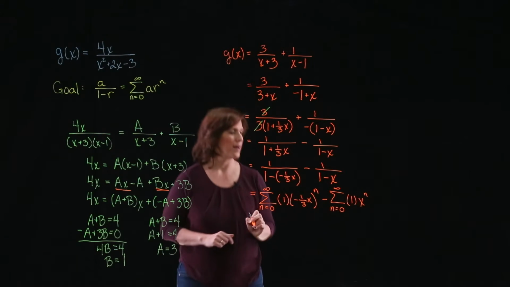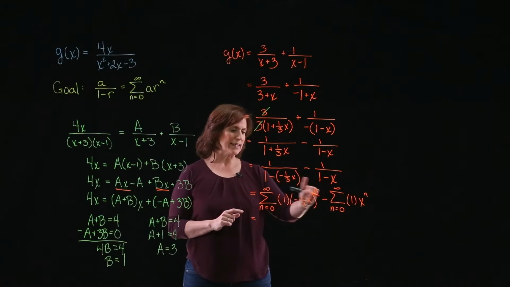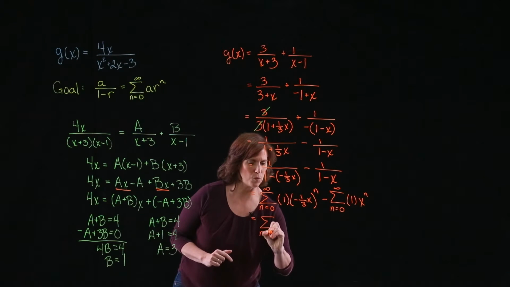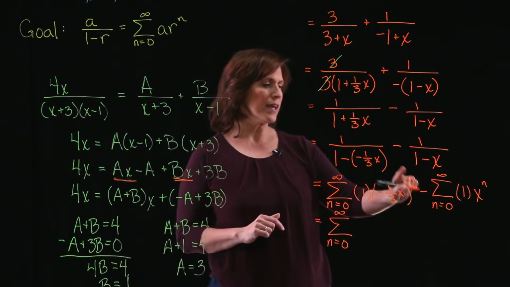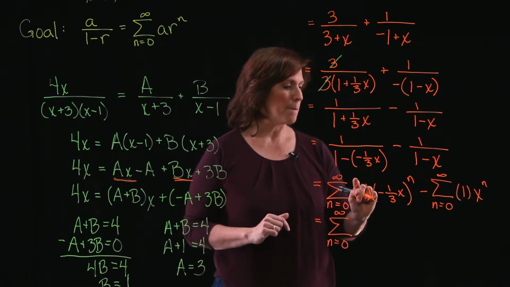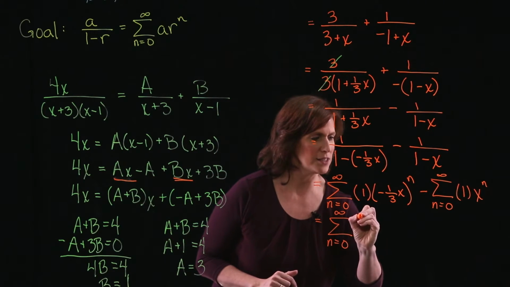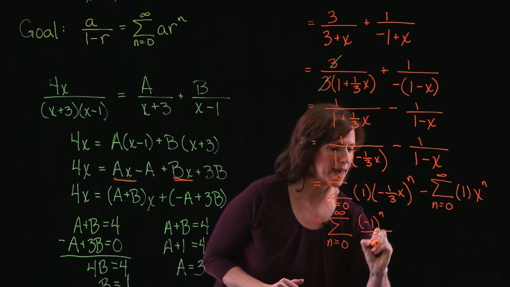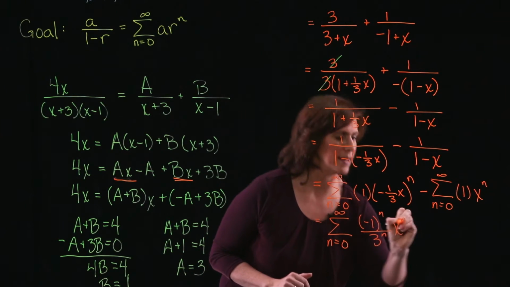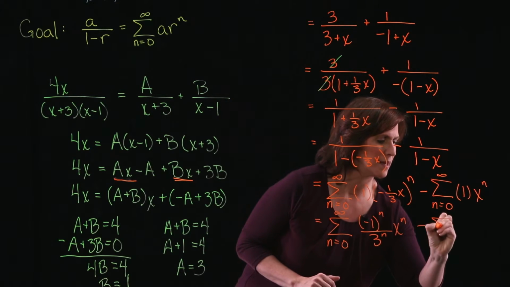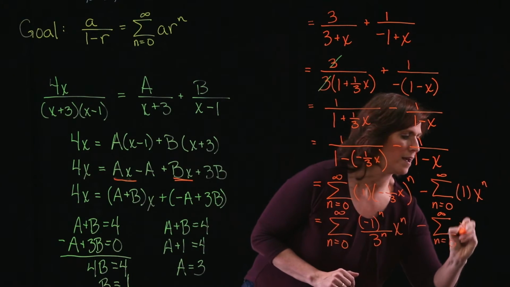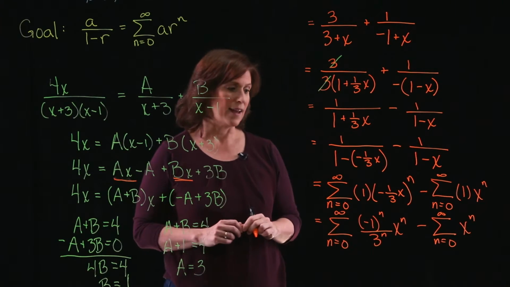Okay, so the next thing I'm going to do is clean this piece up just a little bit, and I've got the sum from n equals 0 to infinity, and I can write this as minus 1/3 to the n, or actually let's just write it as minus 1 to the n all over 3 to the n times x to the n. And then I'll subtract my series from n equals 0 to infinity of x to the n.